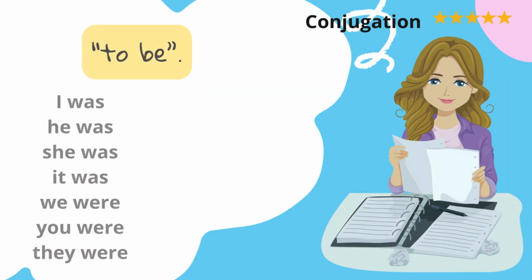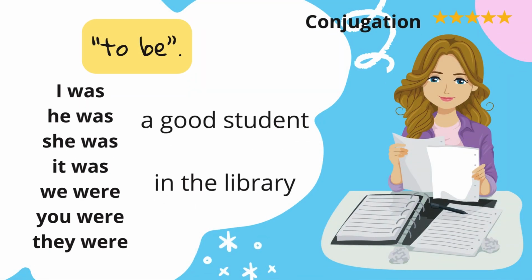Now, let's see the verb to be. Let's remember that the verb to be is an independent verb, okay? And the conjugation of the verb to be in the simple past tense is I was, he was, she was, it was, we were, you were, and they were. So we can say, for example, I was a good student.